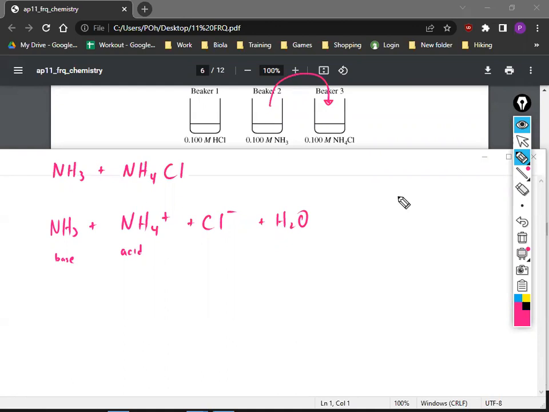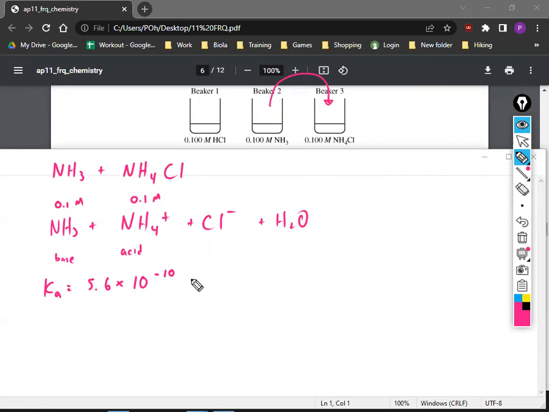What we figured out earlier is that Ka is equal to 5.6 times 10 to the negative 10. And if you noticed earlier, you have 0.1 molarity of this and 0.1 molarity of that. So the concentrations of these two are going to be equal to each other.